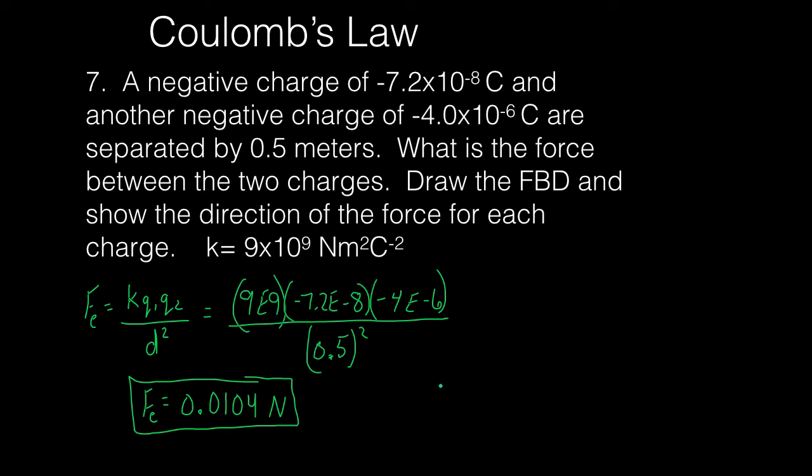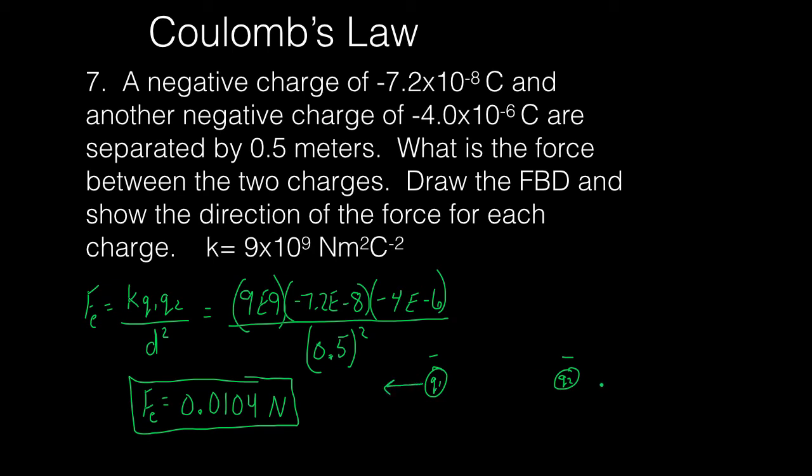Let's draw the charges. Okay, this would be Q1, and this one is Q2. And let's draw the free body diagram. Now notice that they were both negative charges, and so if you're going to draw the force vector arrow, two negative charges, they're like charges, so they repel each other.